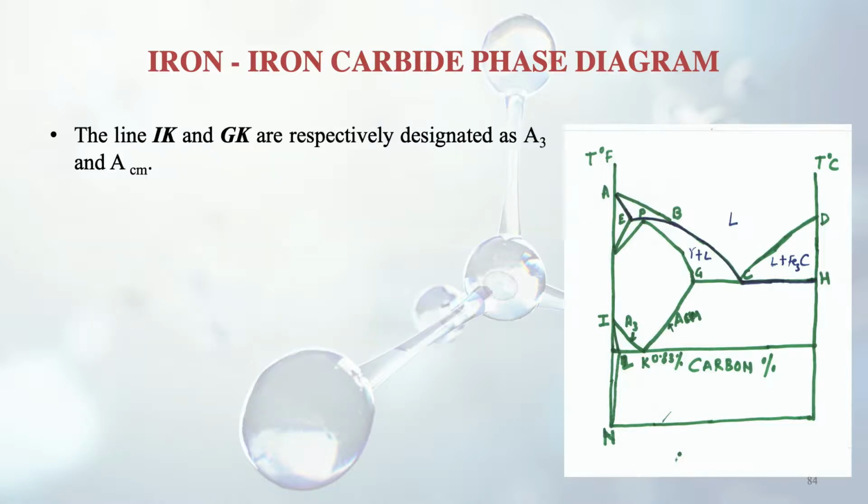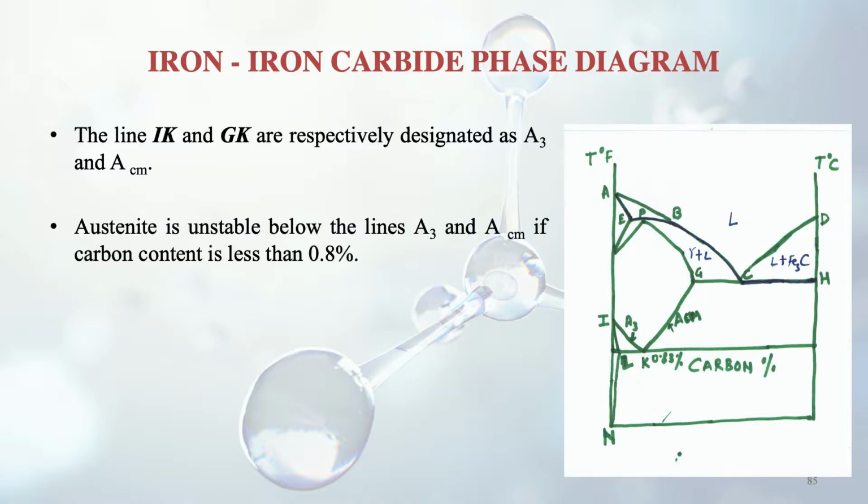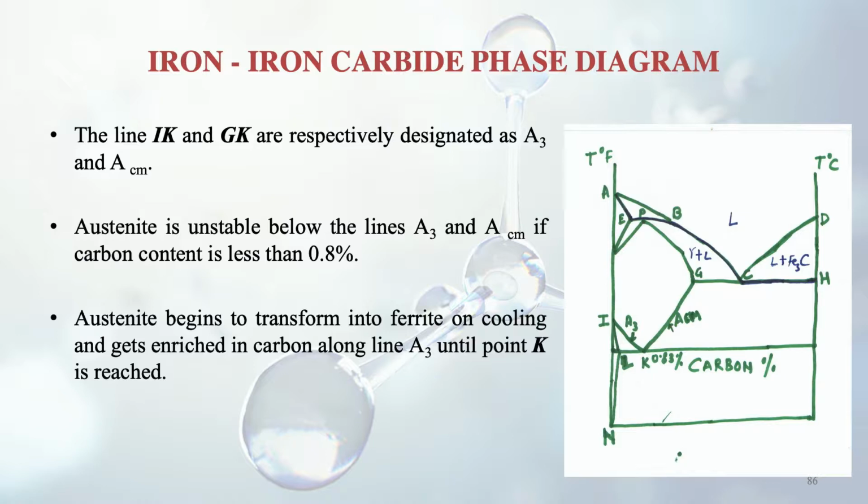Austenite also transforms into cementite along the line GK and into ferrite along the line IK. The lines IK and GK are also respectively designated as A3 and ACM. Austenite is unstable below the lines A3 and ACM. Unstable means it can change to different forms, especially if carbon content is less than 0.8%. Austenite at this point begins to transform into ferrite on cooling and gets enriched in carbon along line A3 until point K is reached.